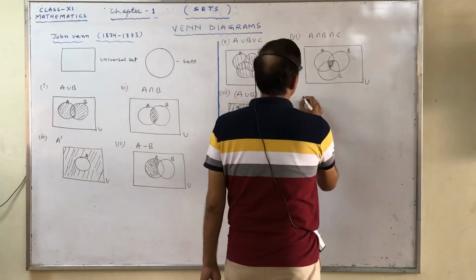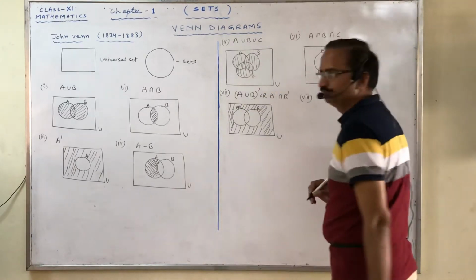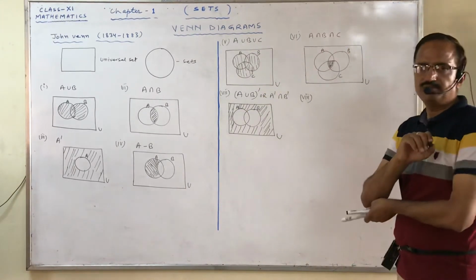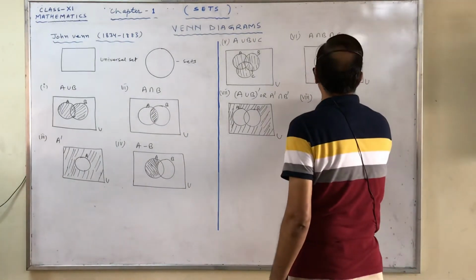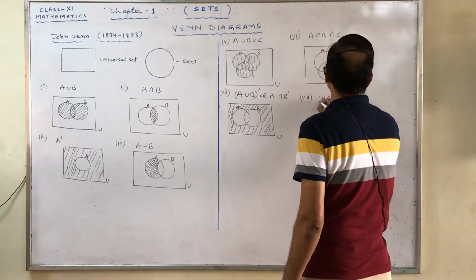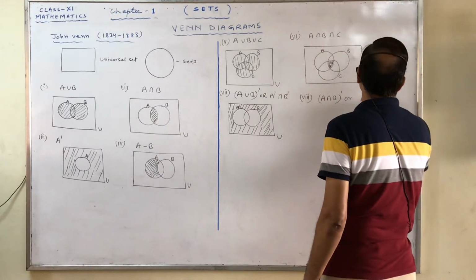Now come to the 8th Venn diagram. This is again from De Morgan's law. A intersection B dash or A dash union B dash.